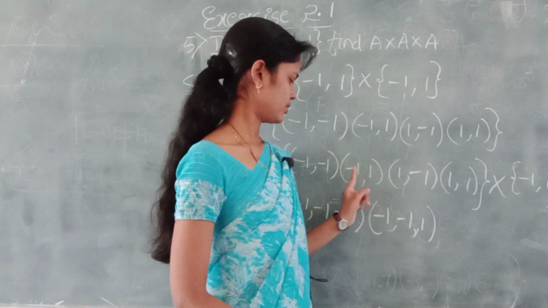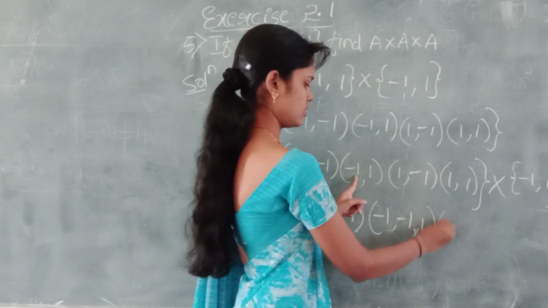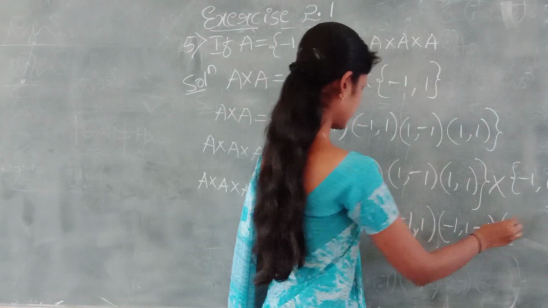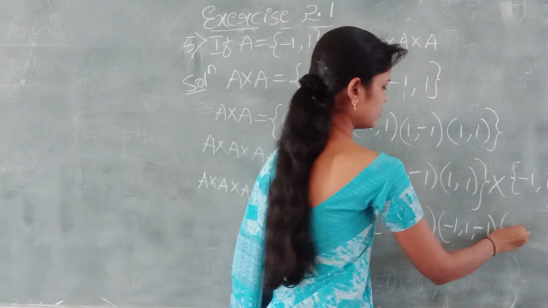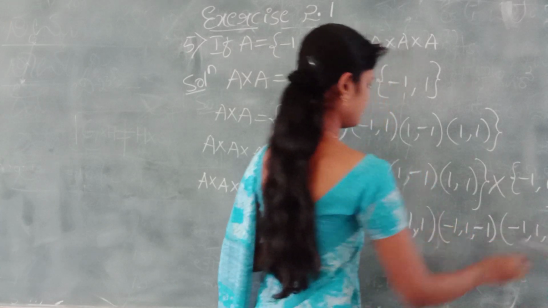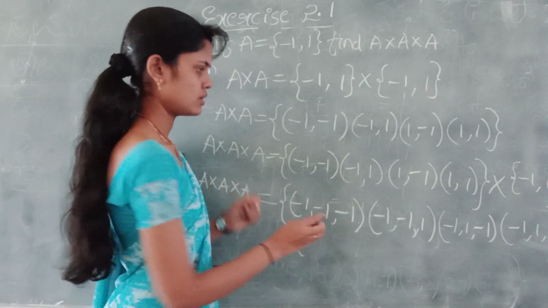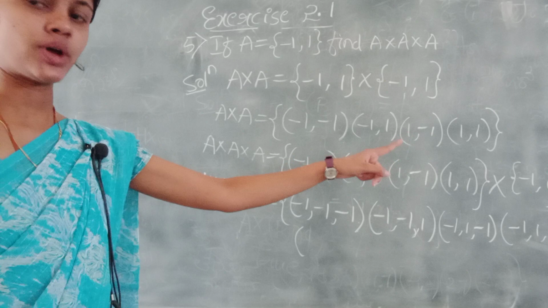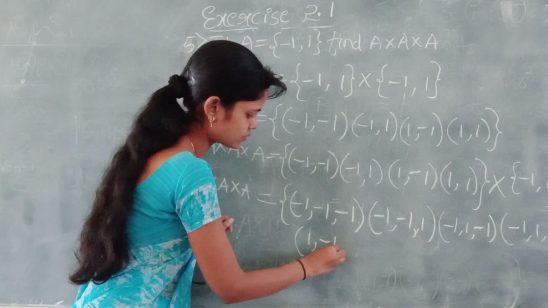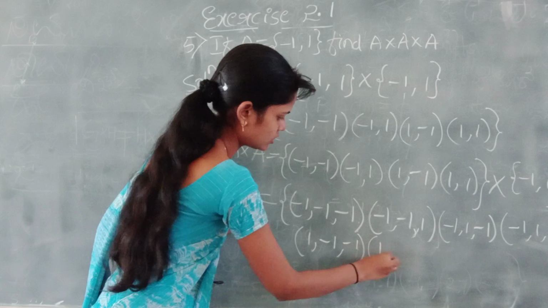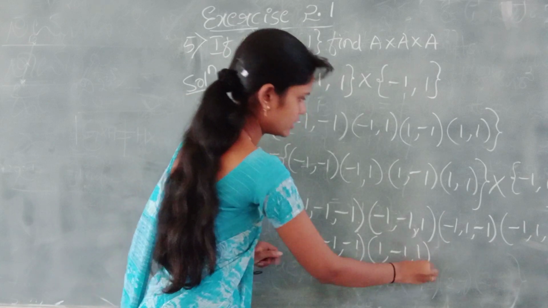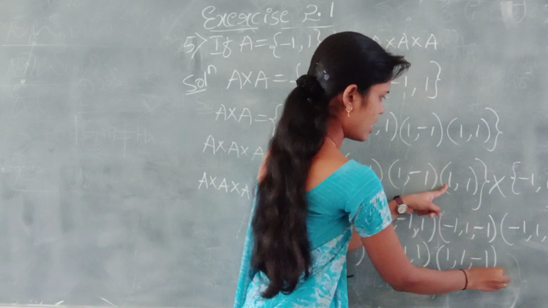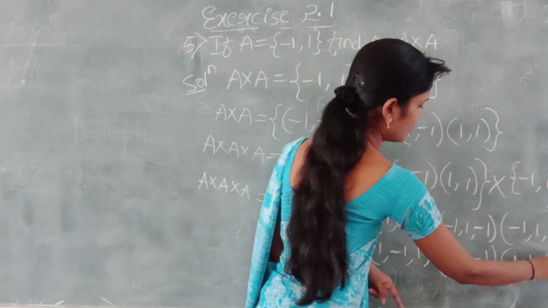Then from the second ordered pair, minus 1 comma 1, comma minus 1, once again another element, minus 1 comma 1 comma 1. So from the next, 1 comma minus 1, we get 1 comma minus 1 comma minus 1, 1 comma minus 1 comma plus 1, and left with this one, 1 comma 1 comma minus 1, and then 1 comma 1 comma 1.